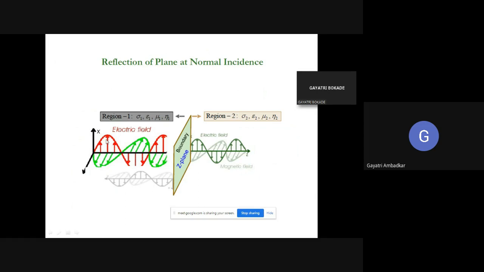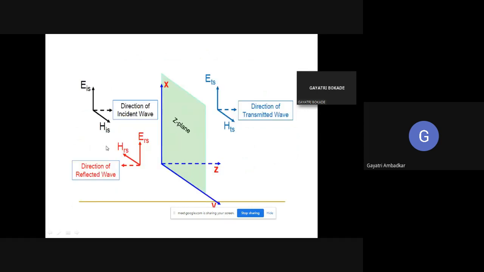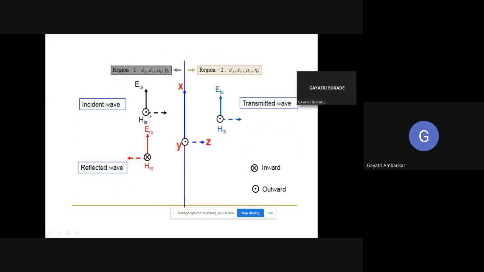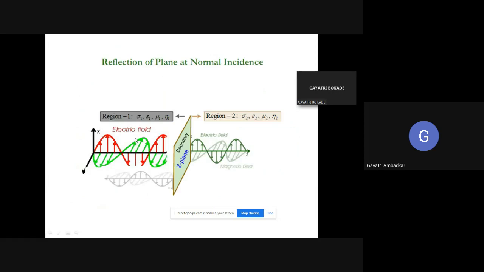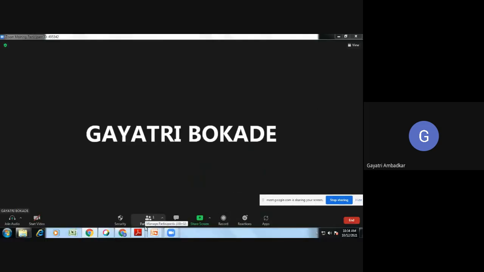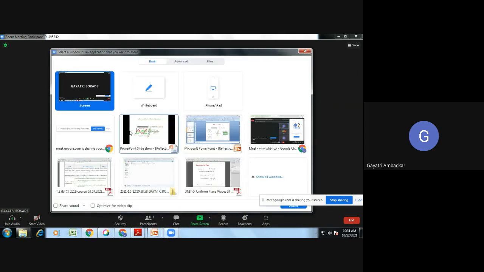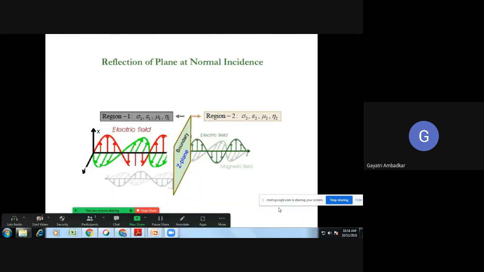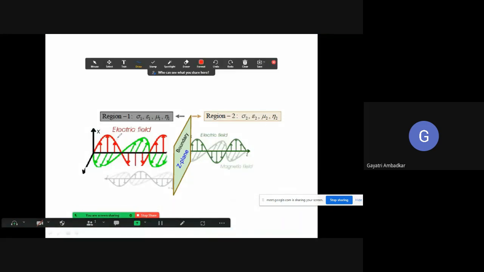Now, if you want to visualize how these fields are appearing, you can assume some axes XYZ. So let your E field be along the X axis.